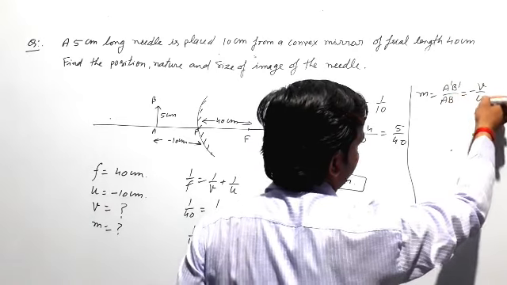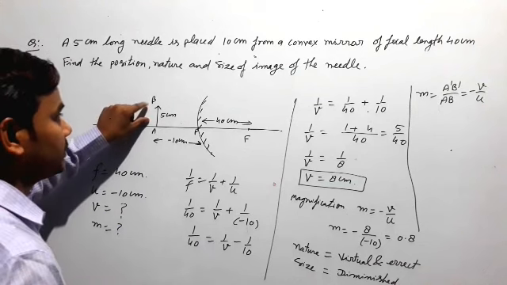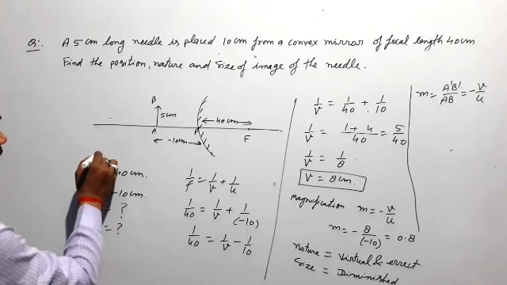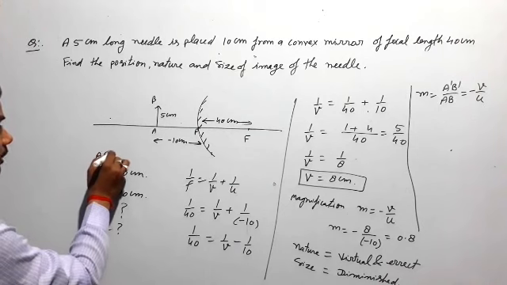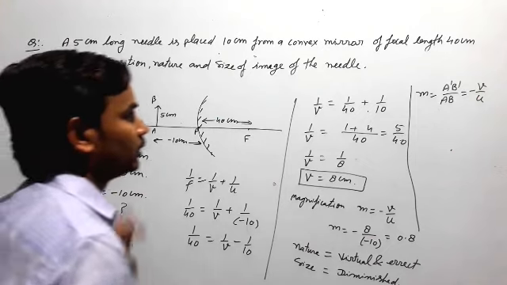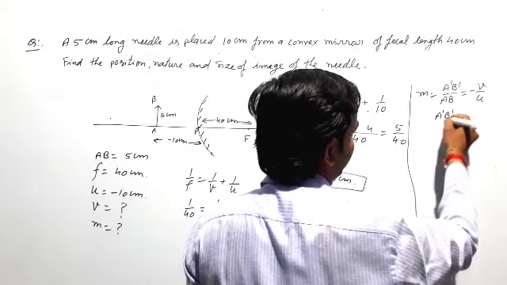So for size we will apply m equals to a dash b dash upon ab equals to minus v upon u. Okay, and the value of ab means this is 5 centimeter, and in upward direction, so this will be positive. So we will put the value of ab, size of the object, 5 centimeter, and we have to calculate the value of a dash b dash.